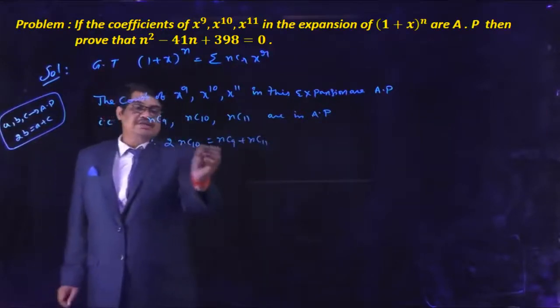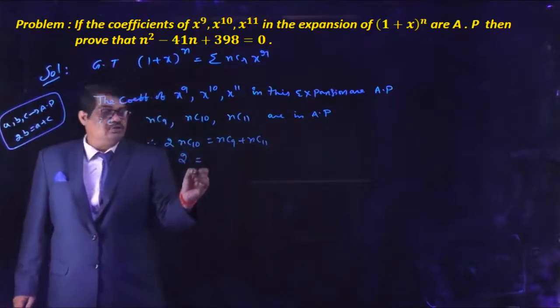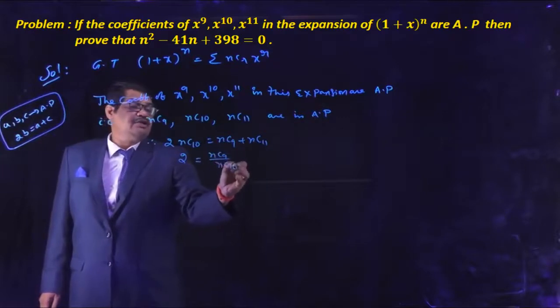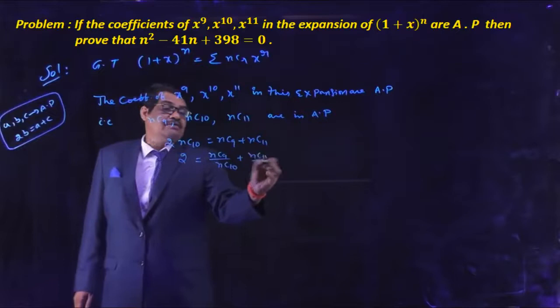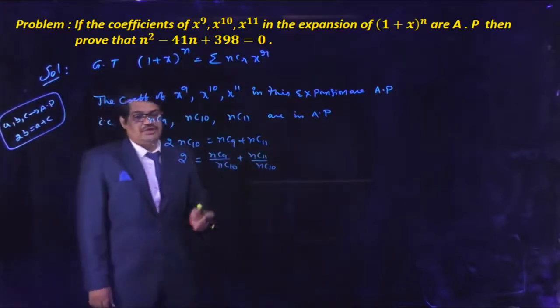Now this nC10 moves to the RHS, then we get 2 = nC9/nC10 + nC11/nC10, dividing by nC10 on both sides.